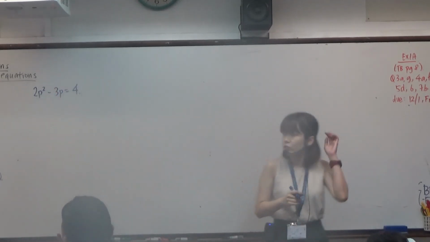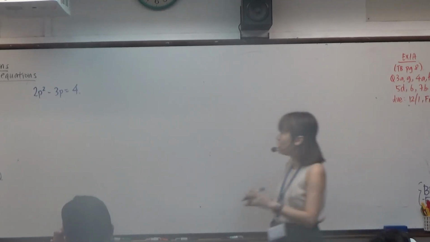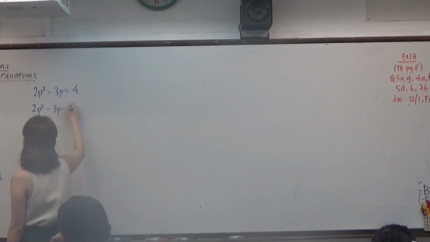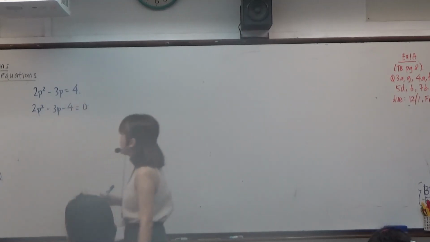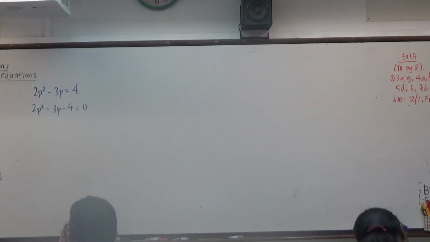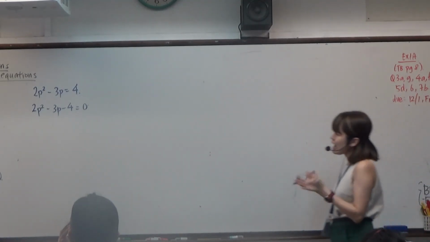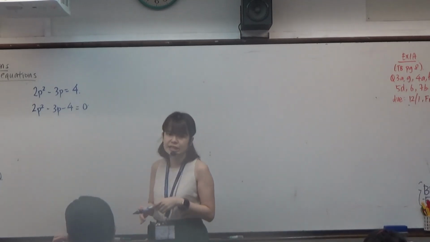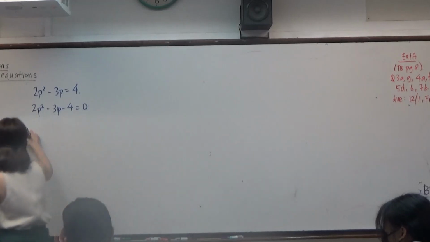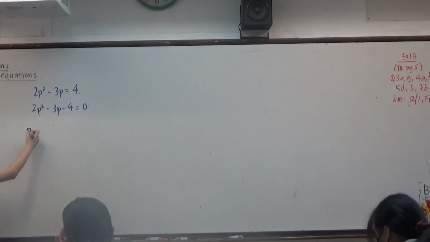So with the equation 2p squared minus 3p equals 4, we are actually having a quadratic equation as such, for which this equation can't quite be solved by factorization. So we just need to apply our formula that we learned yesterday.